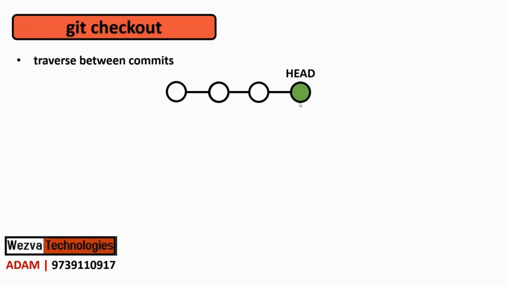However, for any reason, if I want to see some older data, seeing the commit IDs is not the point I'm saying. What if I want to go back to some commit ID and see what was the content in the file? That's where you will be using the checkout. So you can basically traverse between older content.